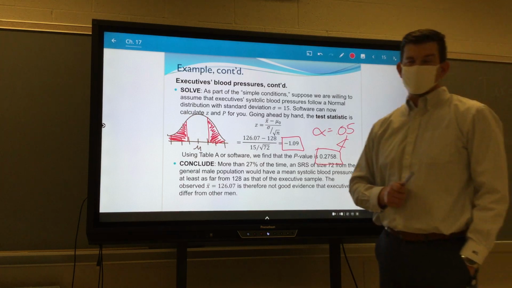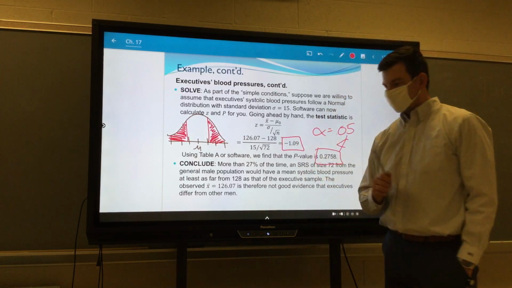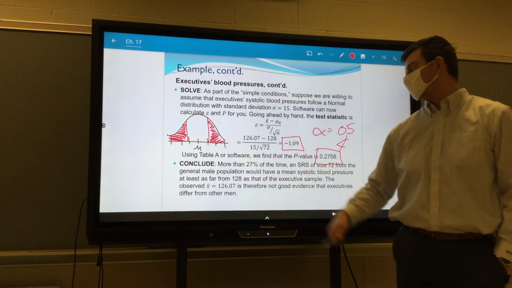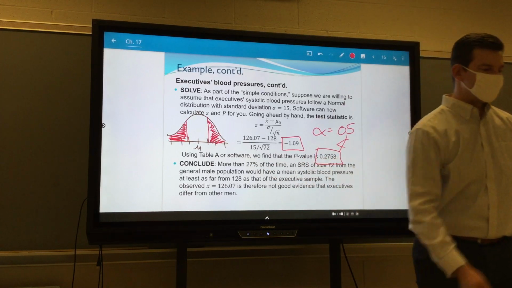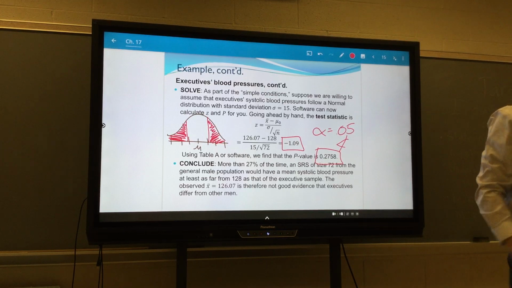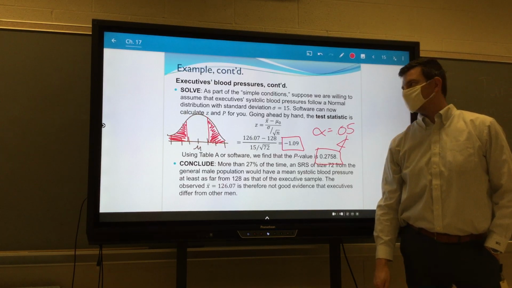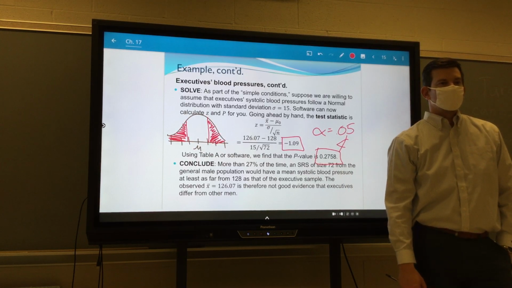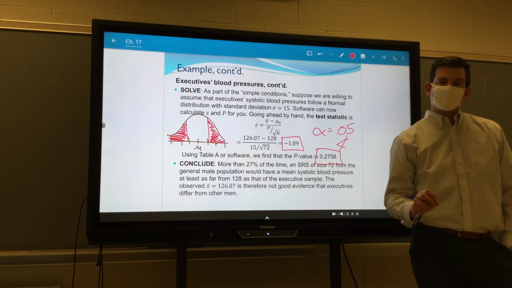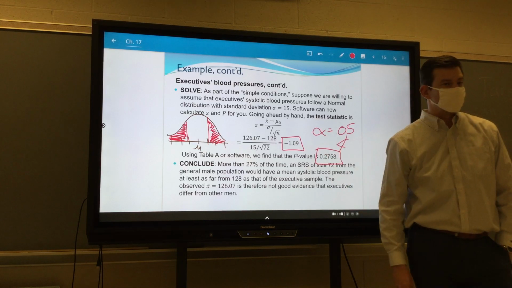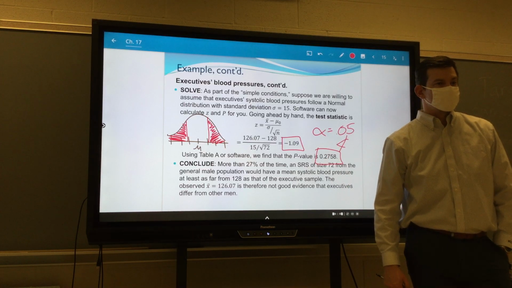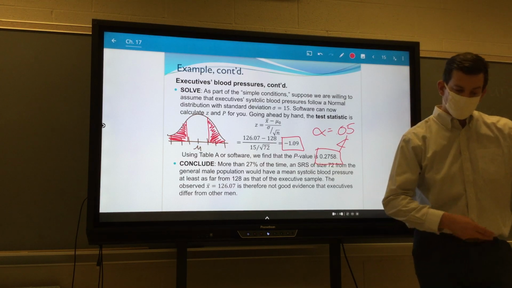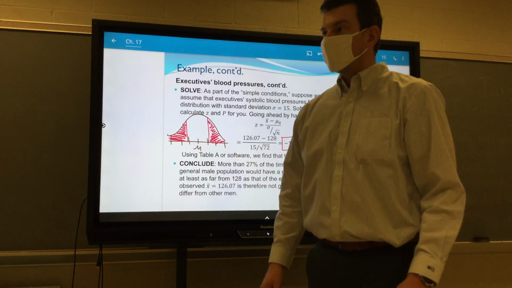It is important to recognize that we're not saying that the null hypothesis is 100% true, that 128 is the average systolic blood pressure for males age 35 to 49, or whatever that age group was. What you're saying is that in your sample of 72 people, it was not significant enough. But we know the bigger the sample size, the better.